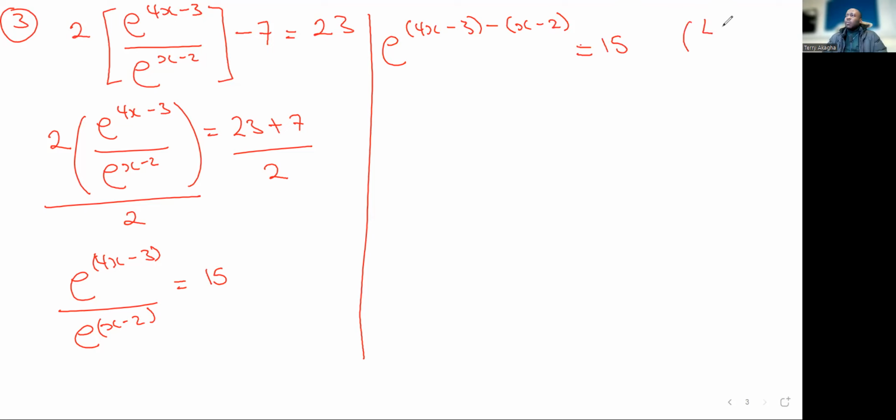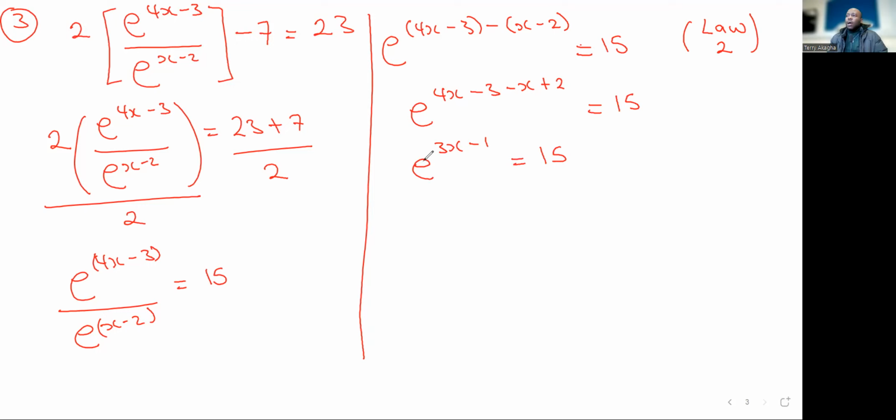So if you go to the laws of exponent that I talked about, this is the second law, where when you're dividing, you subtract. Then let's open this bracket here and simplify. So we're going to have the exponent of 4x minus 3 minus x plus 2 is equal to 15. So you collect like terms: 4x minus x will give you 3x, minus 3 plus 2 will give you minus 1, equal to 15.